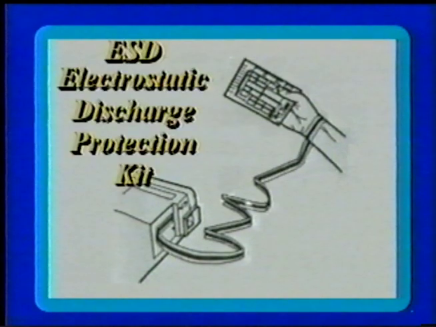But there are a couple more items to consider for our toolkit. These items should only be considered if we are going to perform serious PC maintenance. An ESD, or electrostatic discharge protection kit, consists of a wrist strap with a ground wire and a special conductive mat with its own ground wire. Using the ESD wrist strap and mat will help ensure that we never accidentally zap any of the components with static electricity.